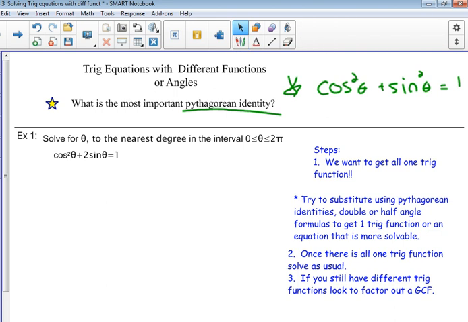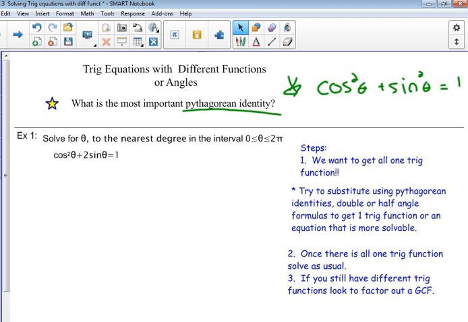Now, when you look at solving these equations for theta, what you want to see is, do you have all the same trig function, or are they mixed? Here they're mixed. Your goal is, if we can, to find a way to get one trig function, so all sines or all cosines.